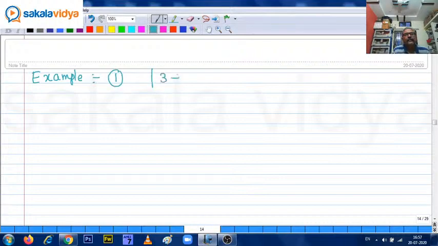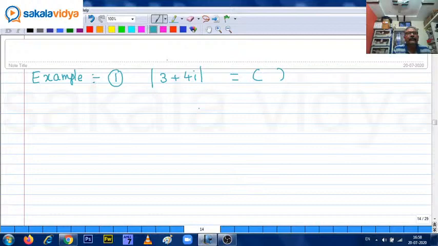Modulus of 3 plus 4i equal to, what is the modulus of 3 plus 4i? Imaginary part square plus real part square.